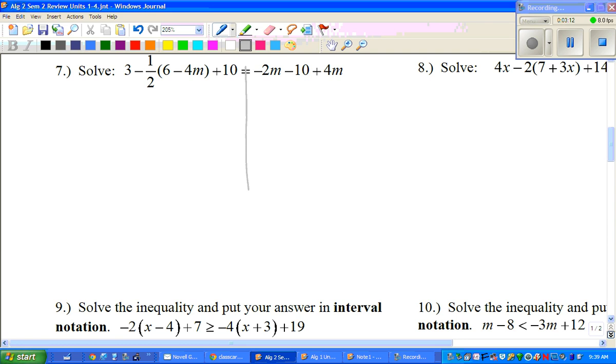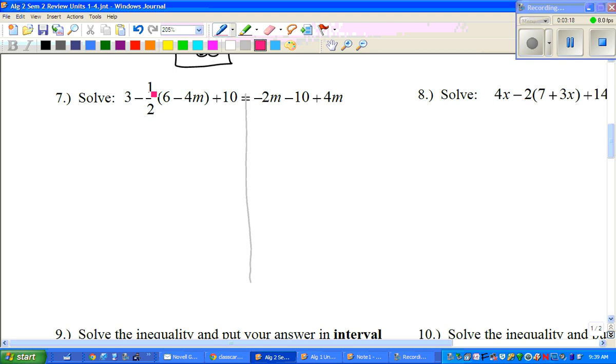Okay. Number 7 says that we need to solve, so I'm going to draw the line down so I can see both sides. On the left side, we need to distribute. Negative 1/2 times 6 is negative 3. And negative 1/2 times negative 4 is positive 2m plus 10.